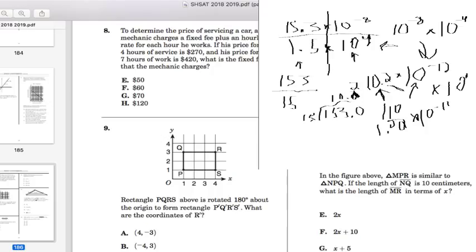So 4 minus 3.14 is not negative. It's a positive 0.86 or whatever, okay? So A is not the answer. Okay, the second one. 3 times 3 is already 9. So even if you don't know what 1.14 times 3 is, you already know B is positive. Okay?